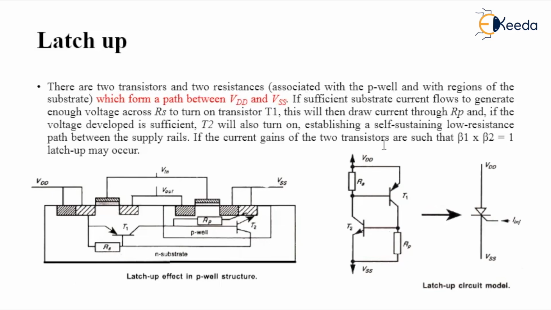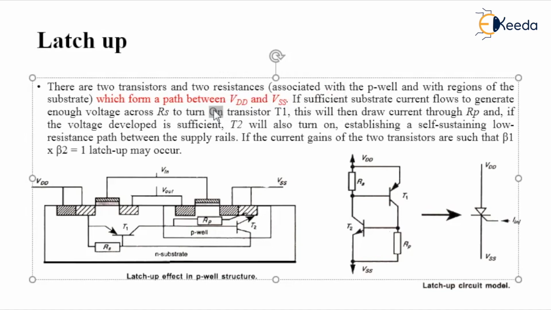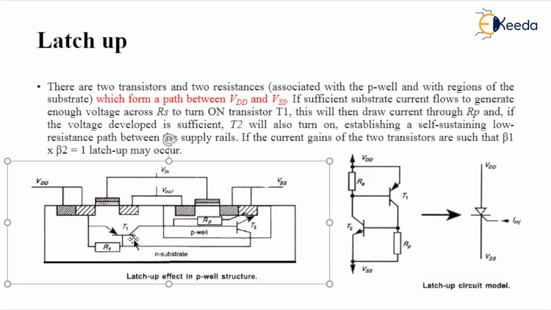If sufficient substrate current flows to generate enough voltage across RS to turn on the transistor T1, there will be a sufficient free flow of current that will be enough to turn on this transistor T1, and this T1 then draws current through RP.